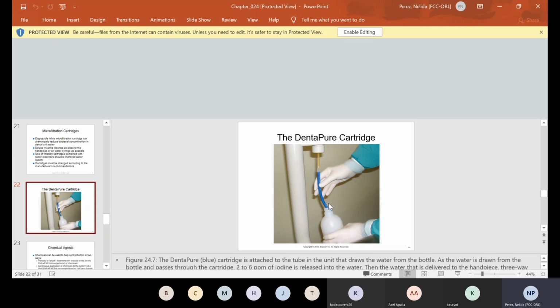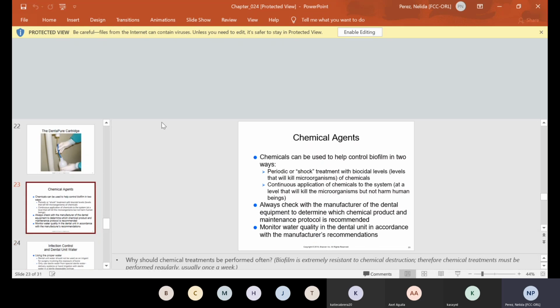That's that biofilm. So we have what's called CaviWipes that kill about everything. You wipe that down, clean it real well, and then insert it into the fresh bottle that you will have cleaned out.